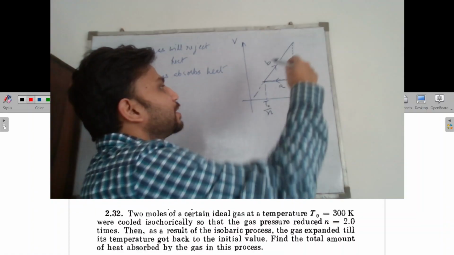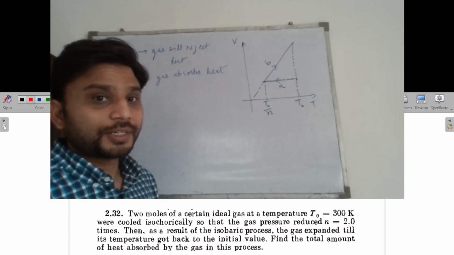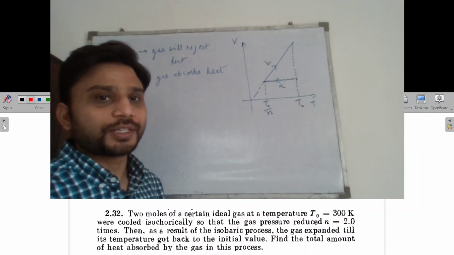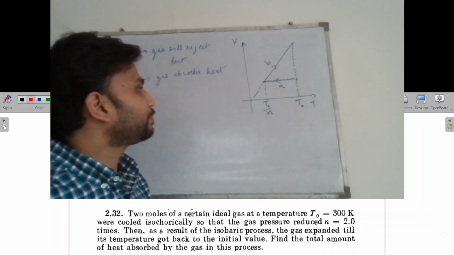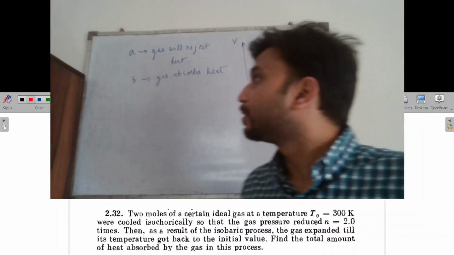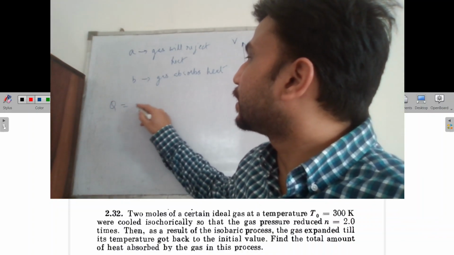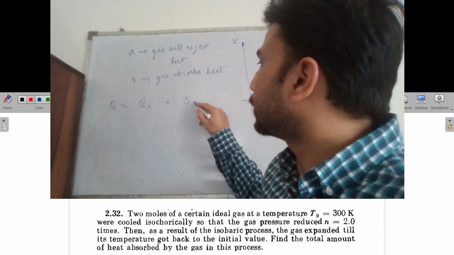Here the temperature is rising, so the gas is gaining heat. So the heat absorbed by the gas is the heat in process A plus the heat in process B.